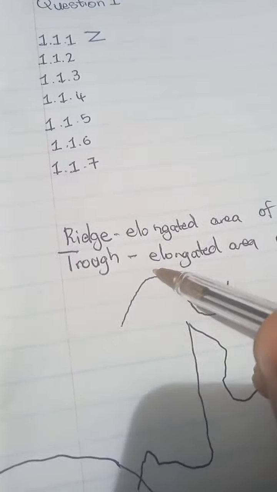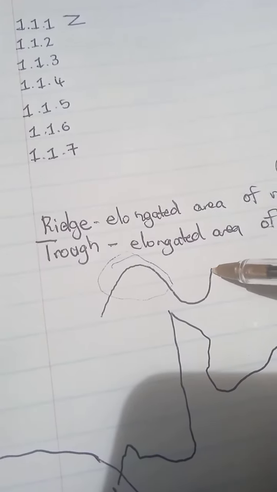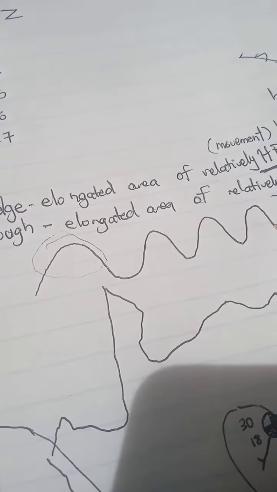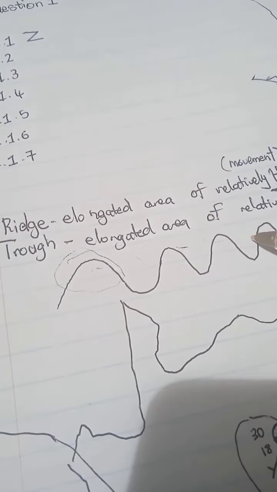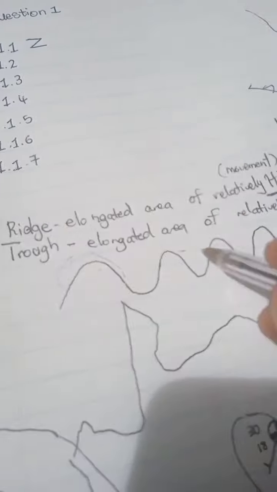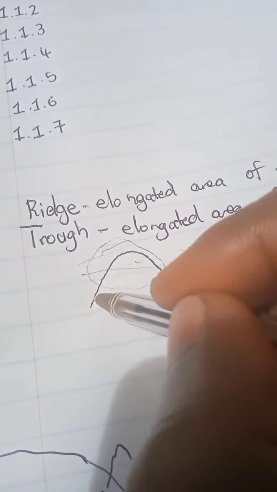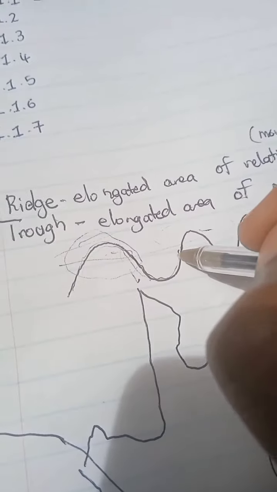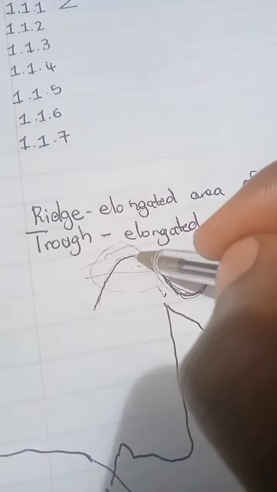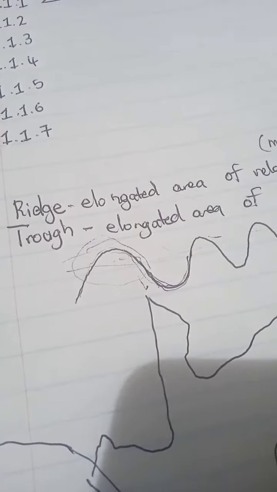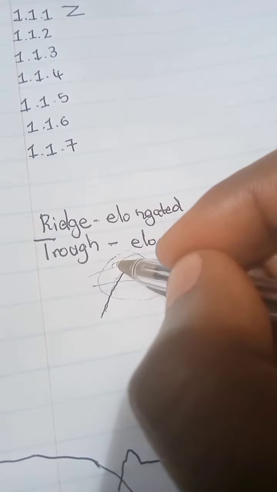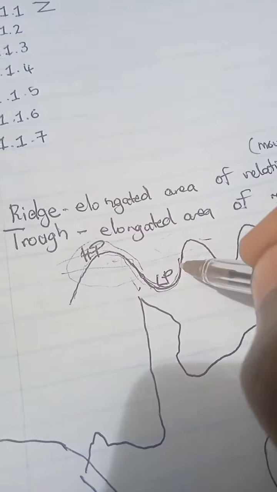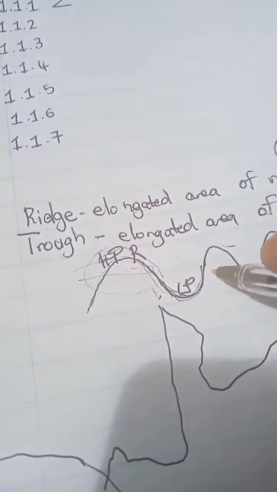Basically a ridge is like a mountain that continues on with a lot of mountains. Okay, like that. So that is the whole ridge. So we can say that it is a high-lying area like that, or a mountain. Okay, and then a trough is a low-lying area like a valley. Okay, so we're looking at it in terms of the pressures. So this has relatively higher pressures, and this area has relatively low pressures. Okay, so that's a ridge, and that is a trough.